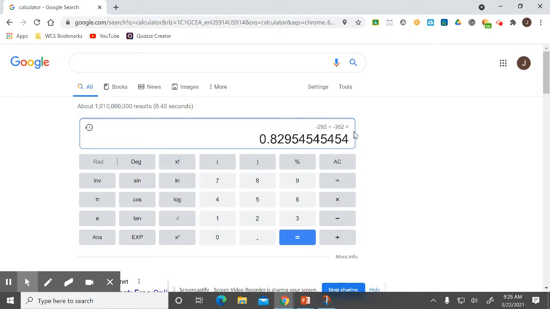So I have this number right here is equal to cosine of x. So to figure out what x is, I need to do an inverse cosine. So I'm going to hit my inverse button and bring up inverse cosine. And remember, inverse cosine, another name for that is arc cosine. And I could type in this 0.8295 number, or I can just hit answer and it'll pull that number up again.